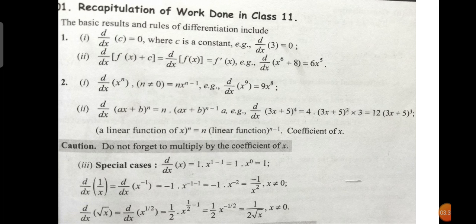And root of x is x raised to 1 by 2, whose derivative is 1 by 2 x raised to 1 by 2 minus 1, that is 1 by 2 into x raised to minus 1 by 2, that is 1 by 2 root x. So the differentiation of root x is 1 by 2 root x.